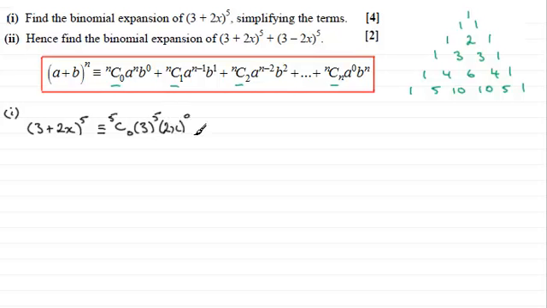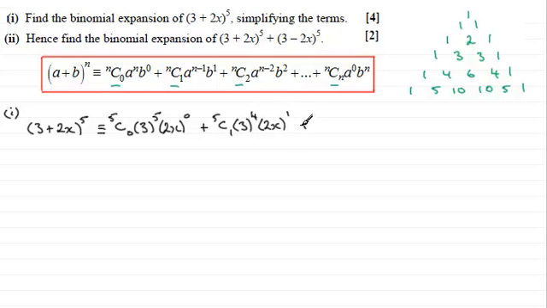Next we would have this term here, 5C1, or you could write it just simply as 5. And then we've got a, which was 3, we reduce the power, it's down to 4, and we start to increase the b term, so that's (2x)^1.